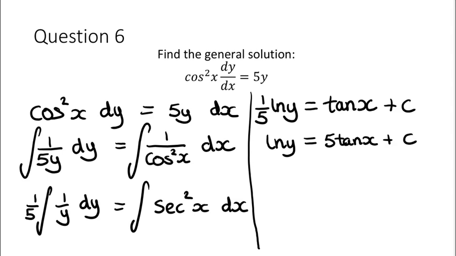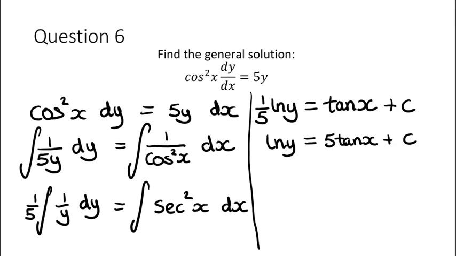Note that I don't have to make this a 5c because this is just a constant that I don't know what it is at this point. So there's no point in writing it as 5c because that still is just a constant within itself. So I'm just going to leave it still there as c. But do make sure though that the tan gets multiplied by 5. Okay, so we have natural log of y equals 5 tan x plus c.